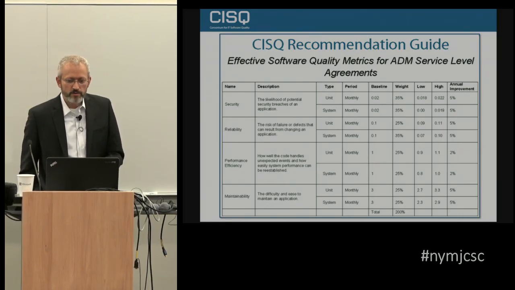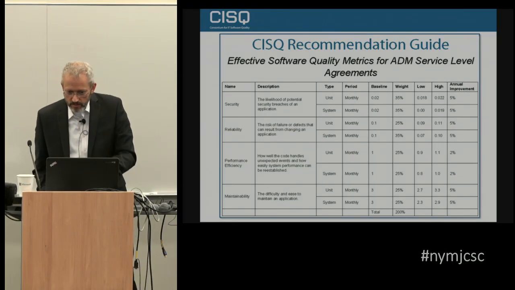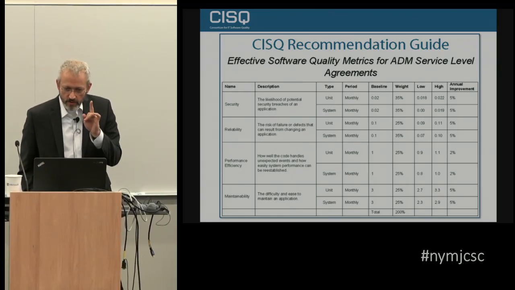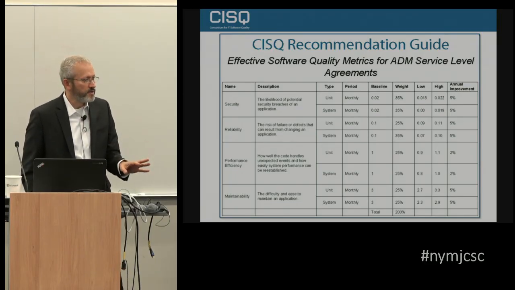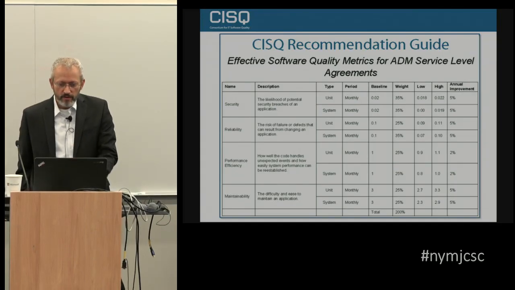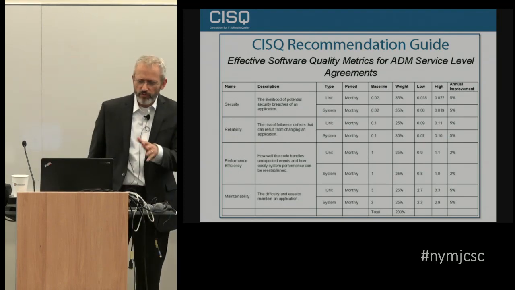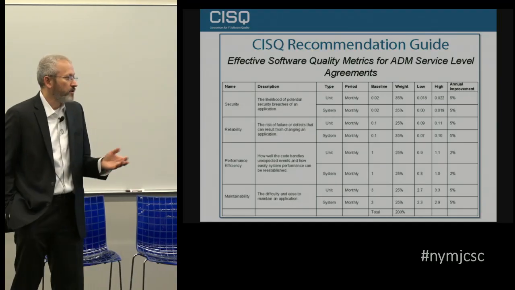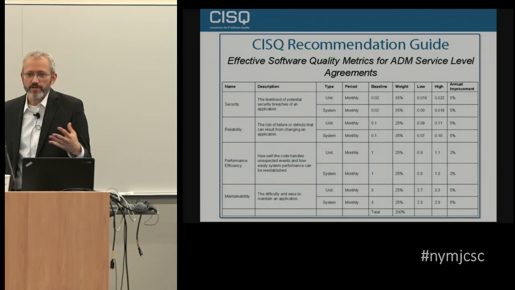You want to get to a low of actually 0 for system-level security violations, and then there's a target number for the unit level. I think the only one where the target is defined as 0 is the system-level security violations. And there's an annual improvement target, and then you add that up. This is an overweighted SLA, it's called overweighted, it adds up to 200%, so the vendor could actually get penalized 2x the at-risk amount.